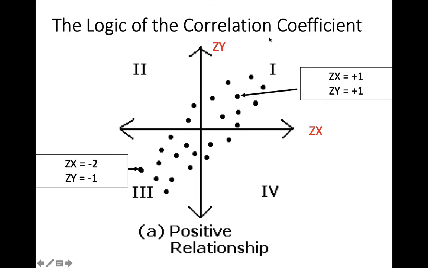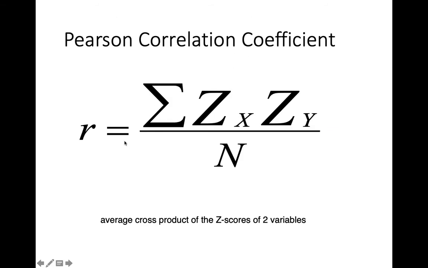Okay, now I'm going to jump straight to the formula, because with these z-scores in mind, it'll help us understand how this Pearson correlation coefficient works. So the way that we calculate the Pearson correlation coefficient is to take the sum of each person's z-score on X times the z-score on Y, and then to divide by N. And so in words, we can say that this is the average cross product of the z-scores of two variables.